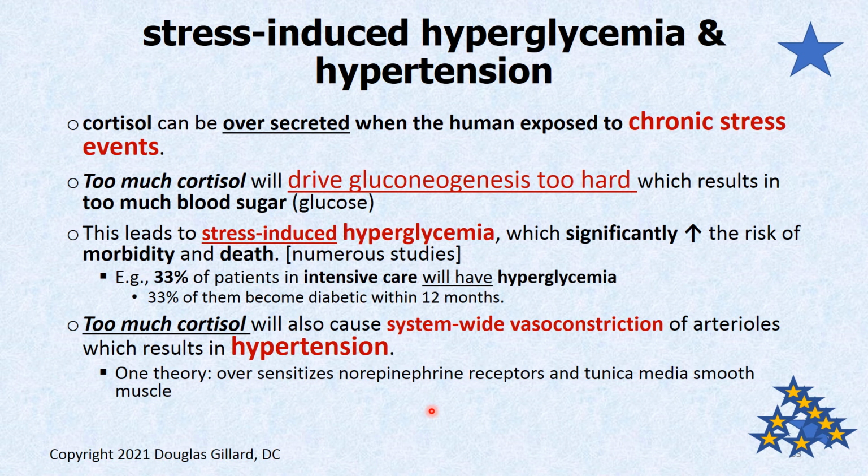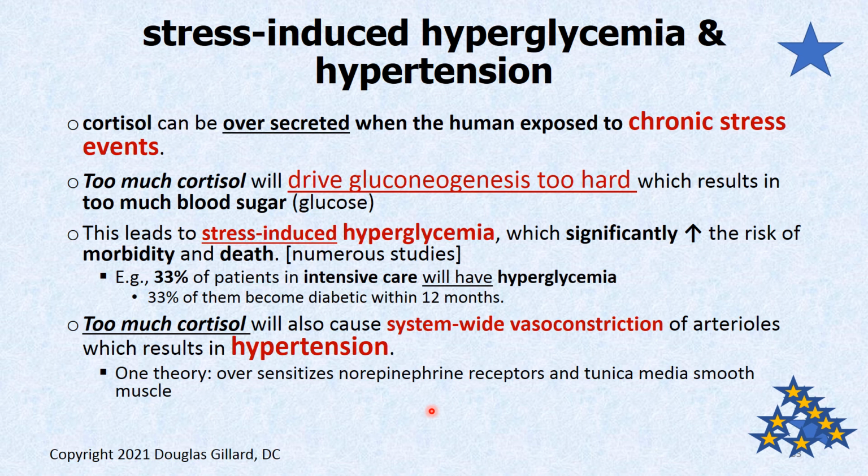Stress-induced hyperglycemia and hypertension. So if you're secreting too much cortisol, you won't have to worry about not having enough sugar in your blood at least. But too much cortisol is bad as well. It can drive gluconeogenesis too hard and result in too much blood sugar, and then we have other problems that can occur, like hyperglycemia.